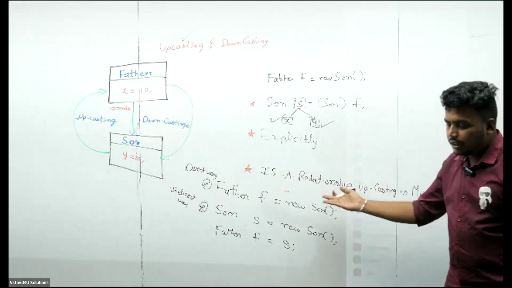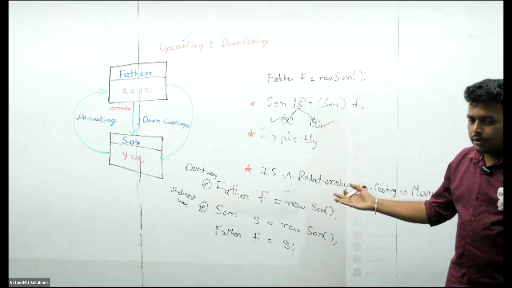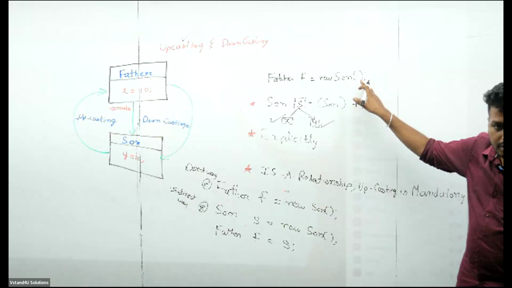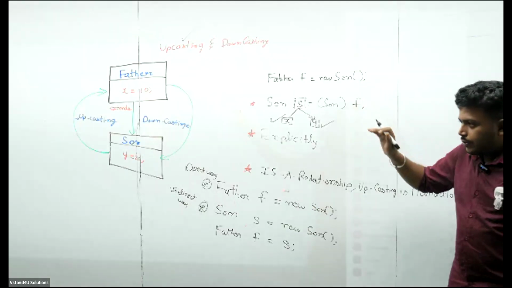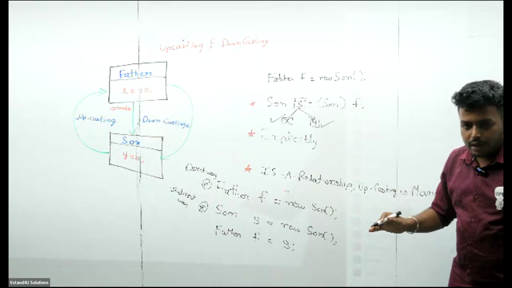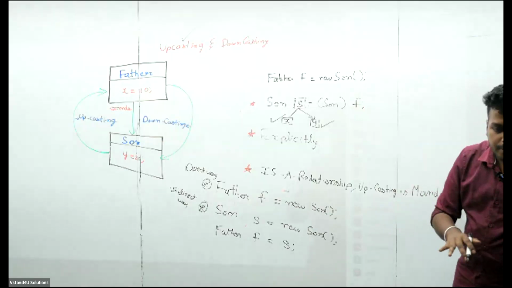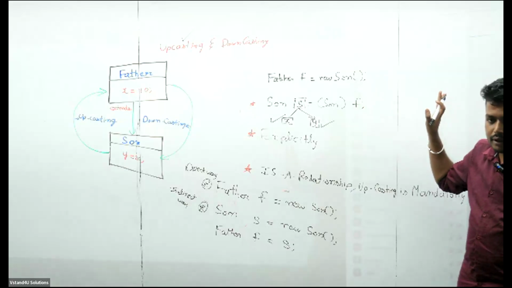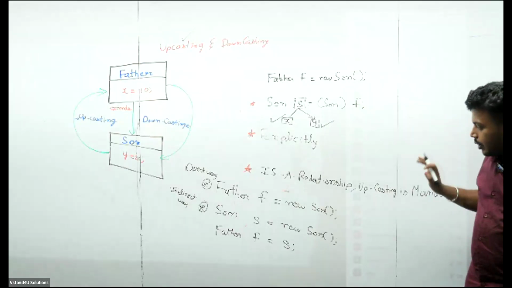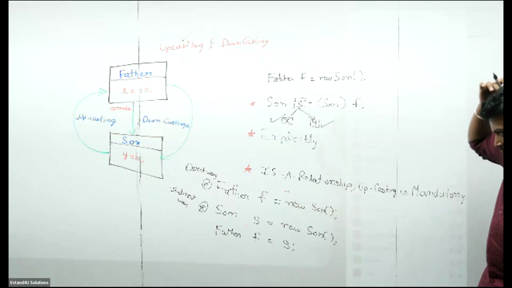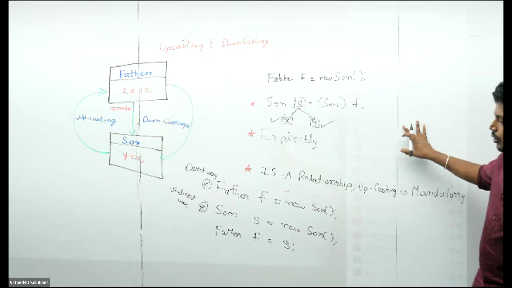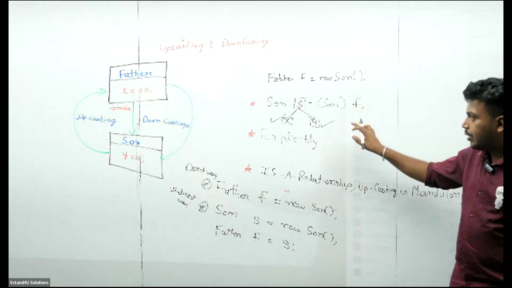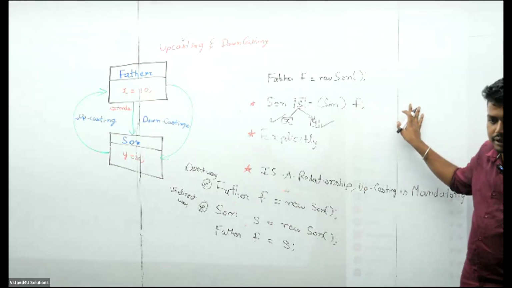If I do the downcasting in Java programming, the upcasting is mandatory. That's all about the downcasting. Take a point: downcasting can be done in only one way. There is no other way.